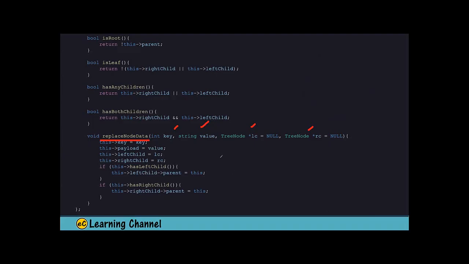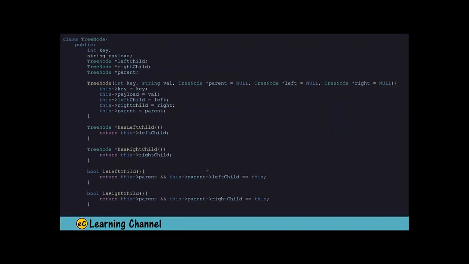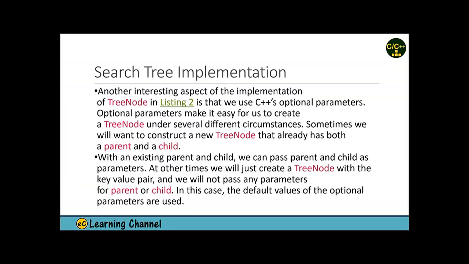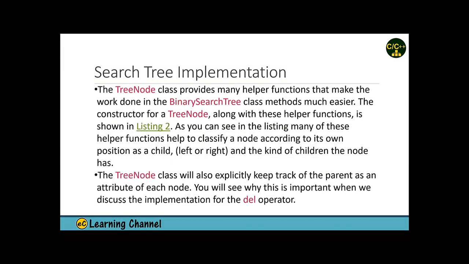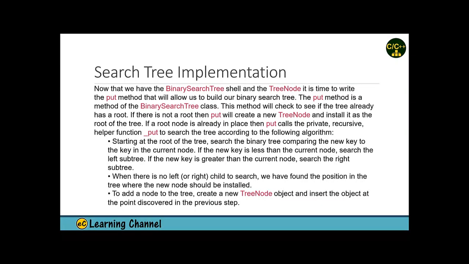So this is replace node data, this one is set node. So far any question? This is the tree node and also the binary search tree. Any questions so far? No? Okay.